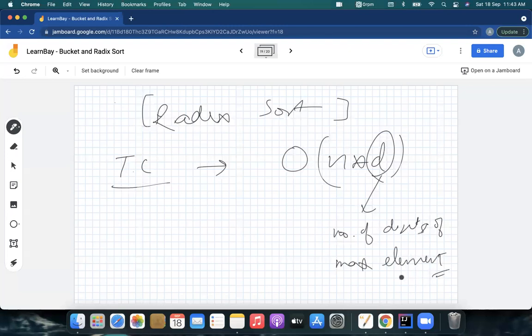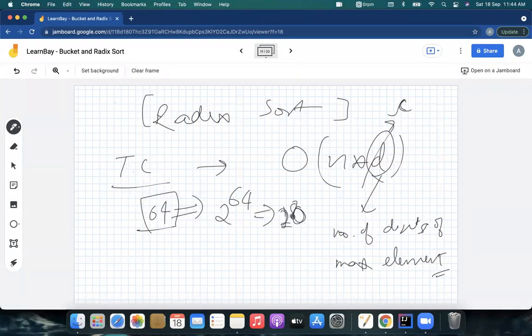Got it? And for integers, this can be assumed as constant. Why? Even a 64-bit computer can store a number which has how many digits? Maximum it can store 2 power 64. And 2 power 64 has how many digits? At max 18 digits, I guess. 18 or let's say 20 digits even.